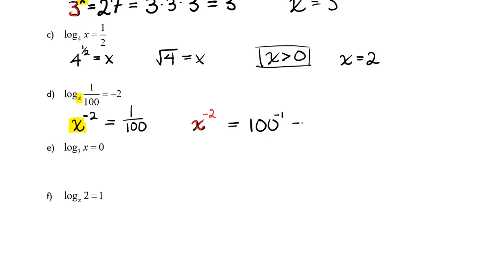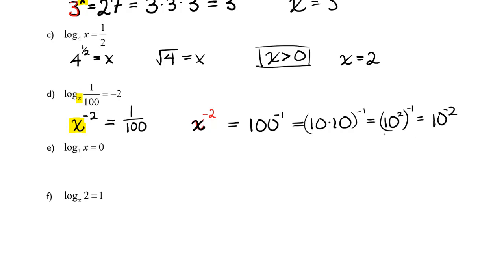I also know that 100 is equal to 10 times 10, still raised to the -1, which means I could rewrite this as 10 to the 2 raised to the -1, which is 10 to the -2.